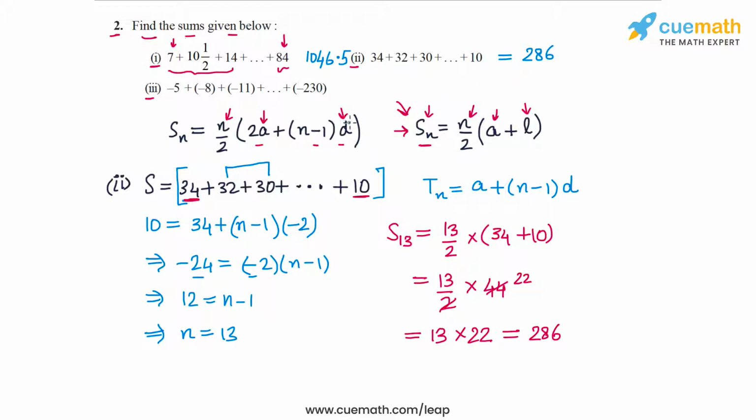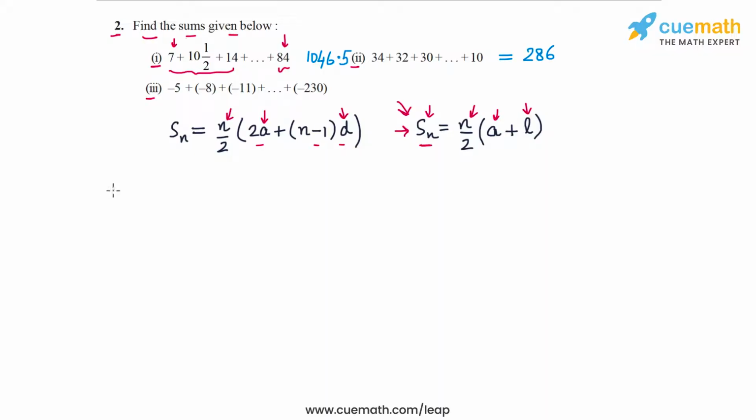Now let's do part 3. In part 3, the progression is -5 plus -8 plus -11, and this goes up to -230. This is the sum that we have to find.